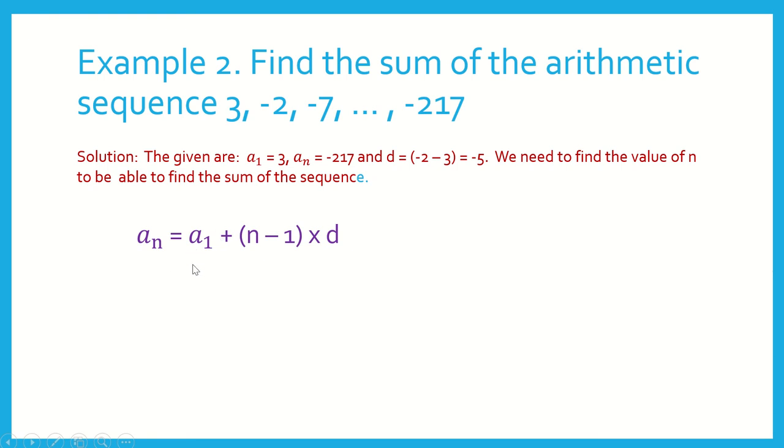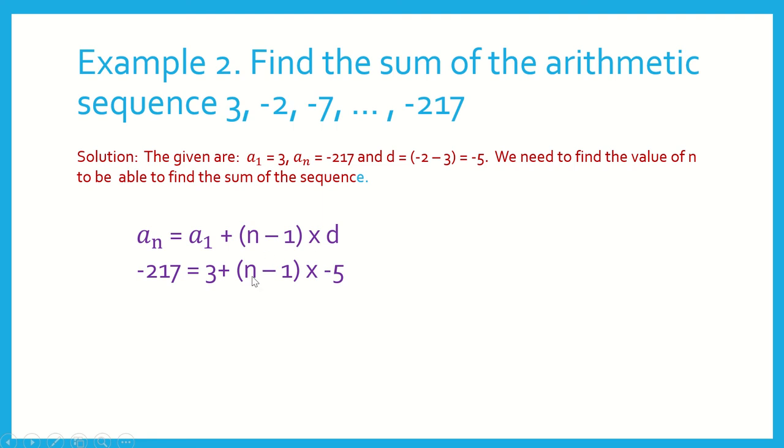Now, substitute the given. We have a sub n, which is negative 217, is equal to 3, which is the first term, plus n minus 1 times the d, which is negative 5. The next step is to distribute first negative 5, multiply negative 5 to the terms inside the parentheses.